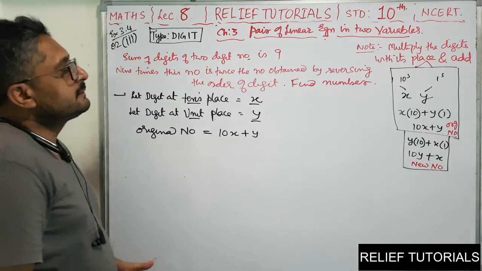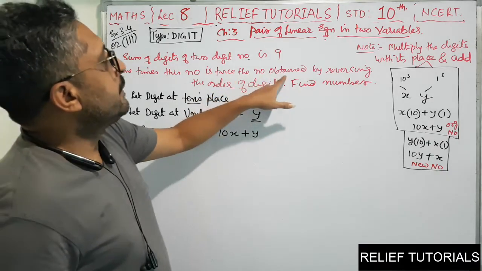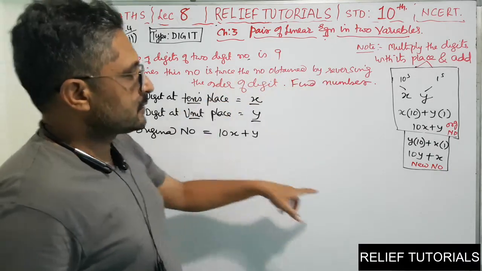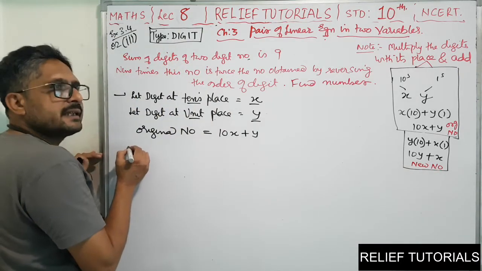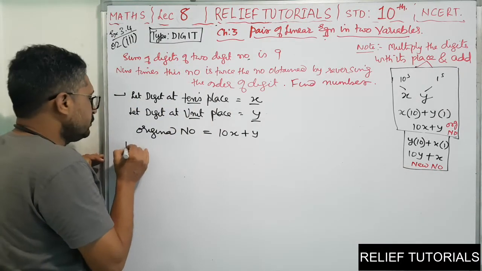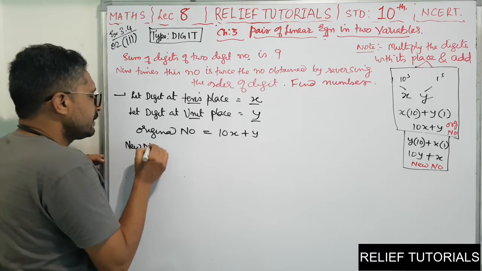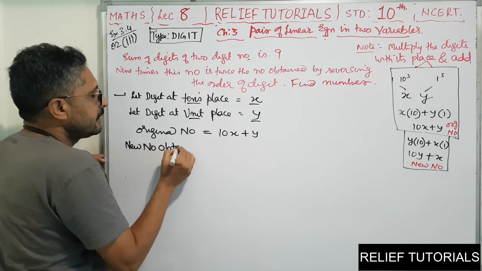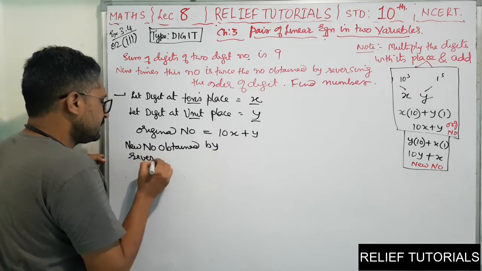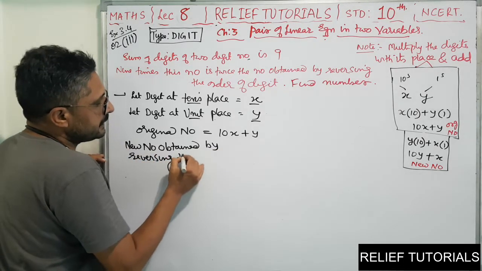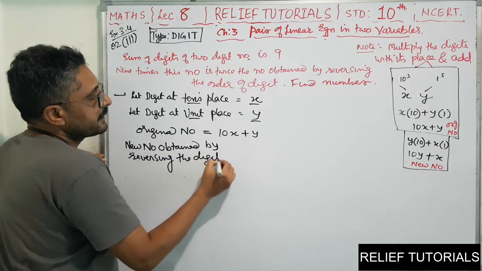Now you will find, see here, the number obtained by reversing the order. That is called the new number. How is that obtained? The new number is obtained by reversing the digits.